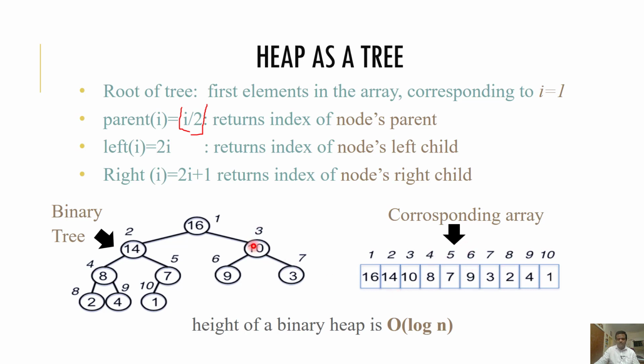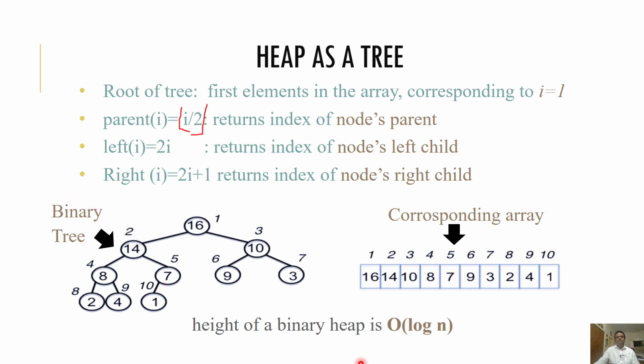Similarly, for 5, who is the parent? i by 2 is 2.5, but the integral part is 2. So this is the parent.